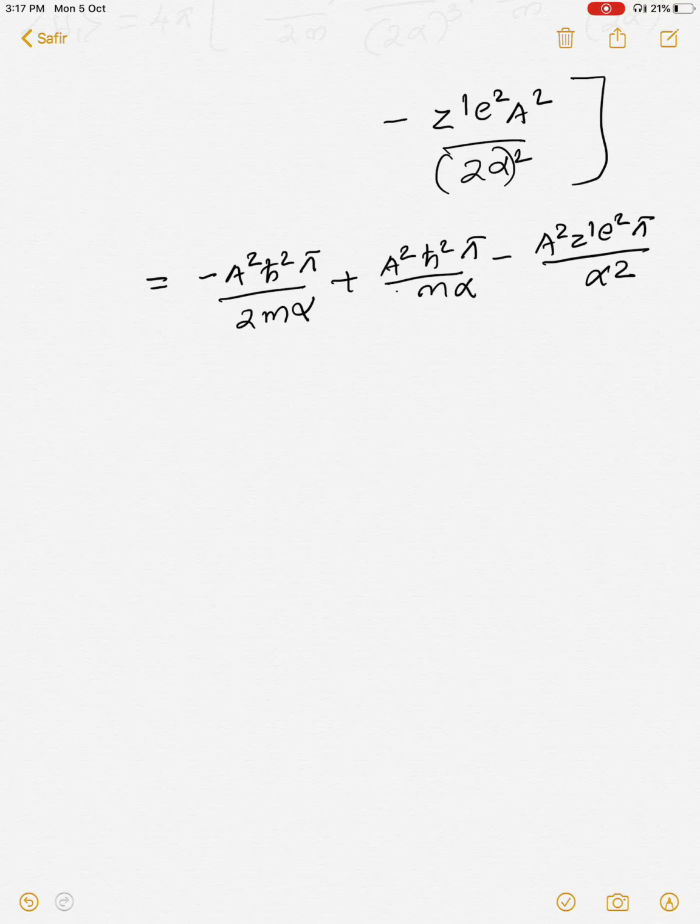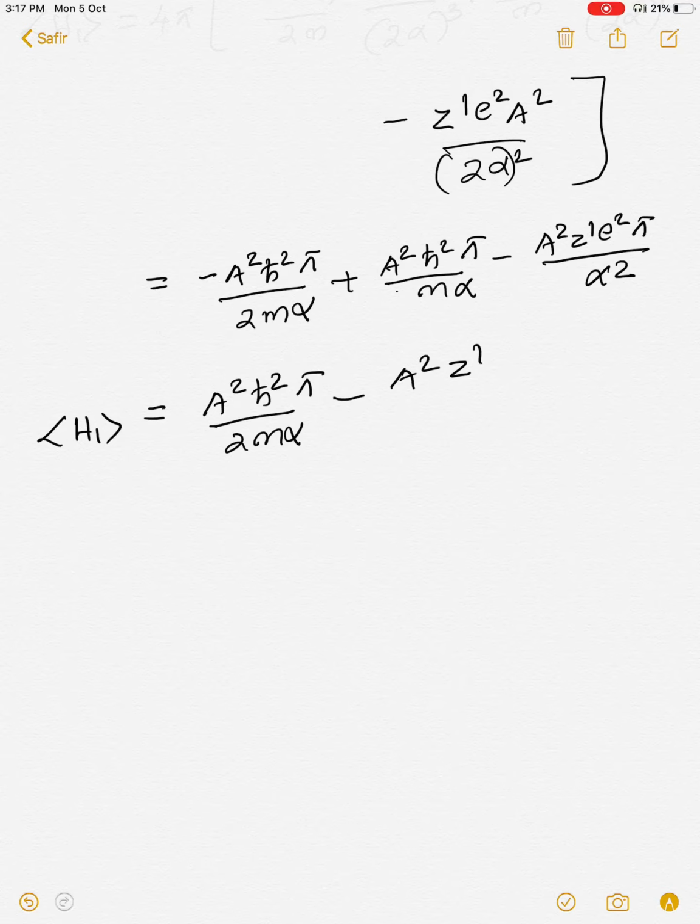So by simplifying this equation, h1 is equal to a square h cut square pi by 2m alpha minus a square z prime e square pi by alpha square.